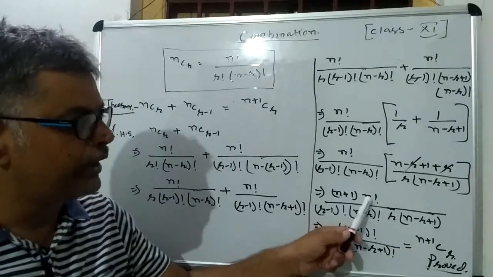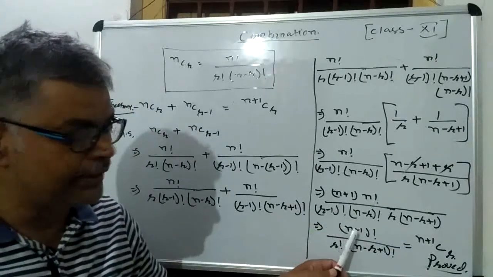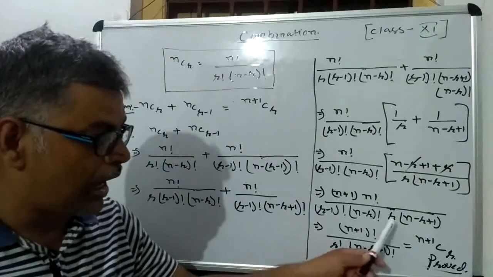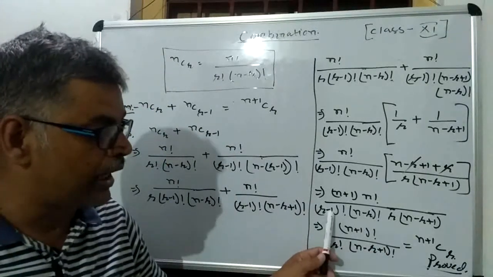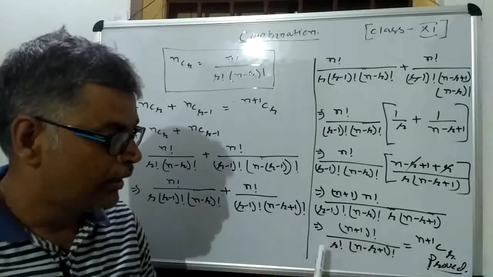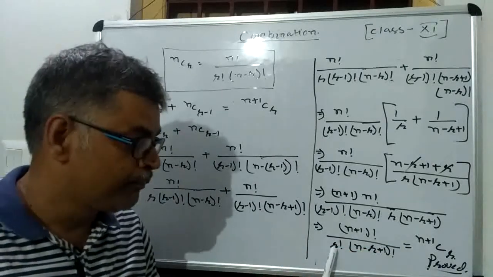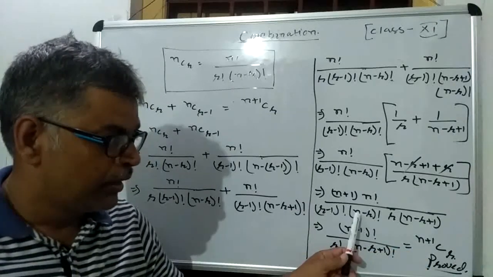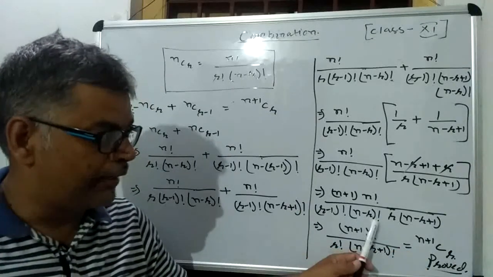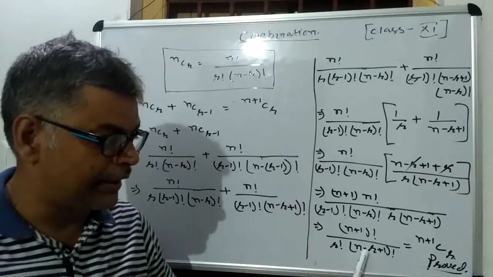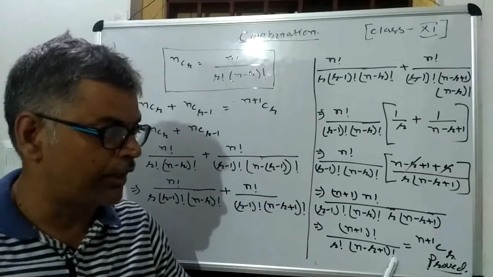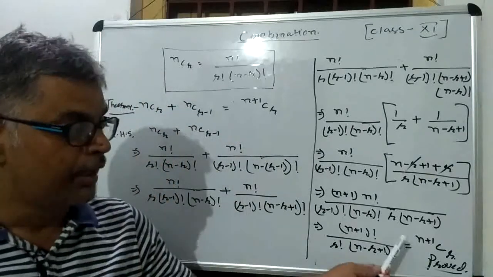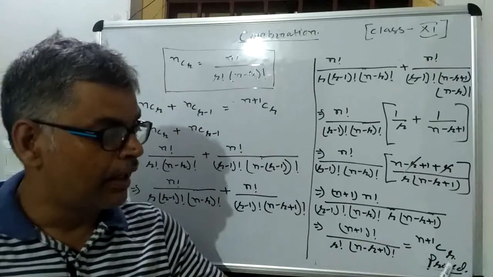So n plus 1 into factorial n can be written as n plus 1 factorial, factorial r minus 1 into r can be written as factorial r, and n minus r plus 1 into n minus r factorial can be written as n minus r plus 1 factorial, and it can be transformed in this form, n plus 1 C r.